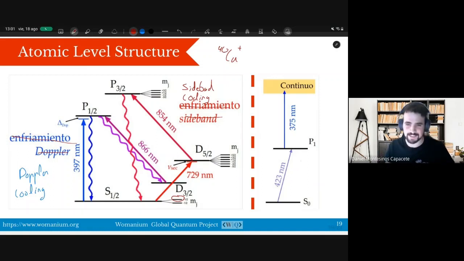So let's just leave it there. Basically, the states of the qubit are going to be this one, or one of the sublevels of this bigger level, and one of the sublevels of this other big level.